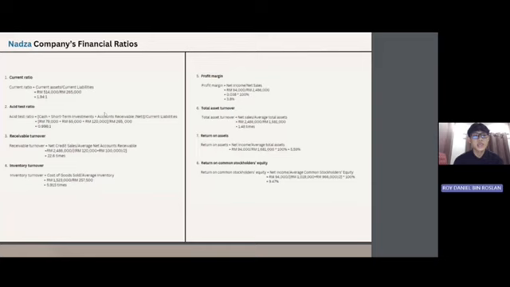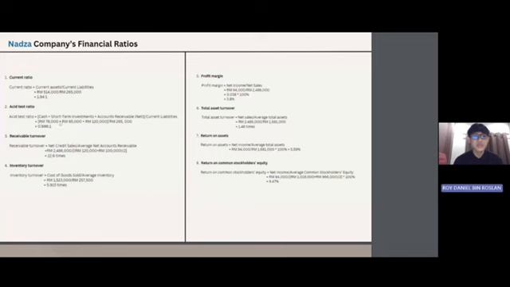Next is acid test ratio. The formula is cash plus short-term investments plus accounts receivable over current liabilities. Here cash is 79,000, short-term investments is 65,000, accounts receivable is 120,000, and current liabilities is 265,000.